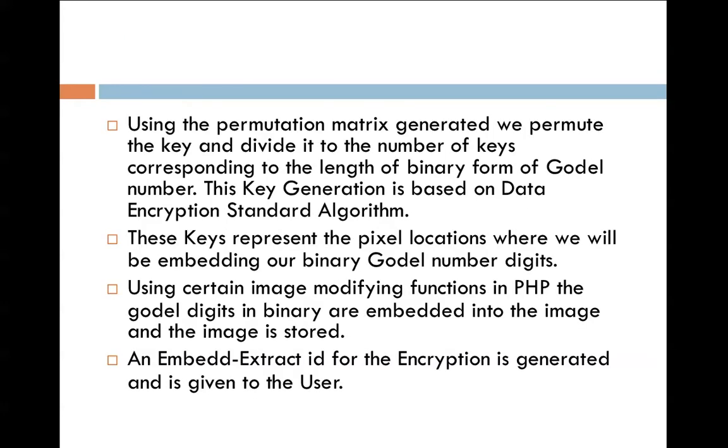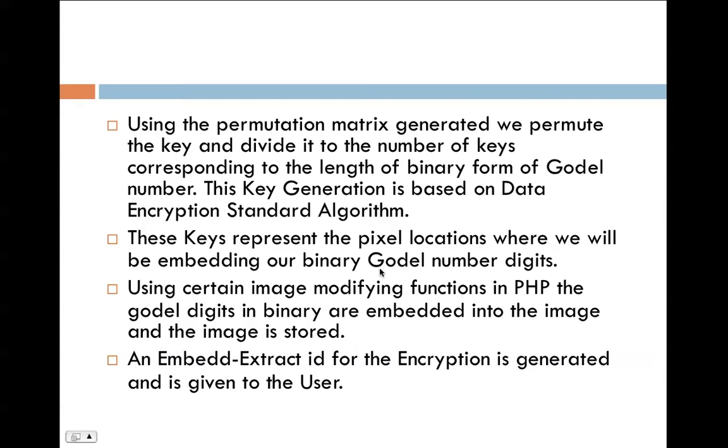Also, the number of keys generated in this key generation process is equal to the number of digits in the Godel number. Now, using the permutation matrix generated, we permute the key and divide it into the number of keys corresponding to the length of the binary form of the Godel number. The key generation is based on the data encryption standard algorithm.